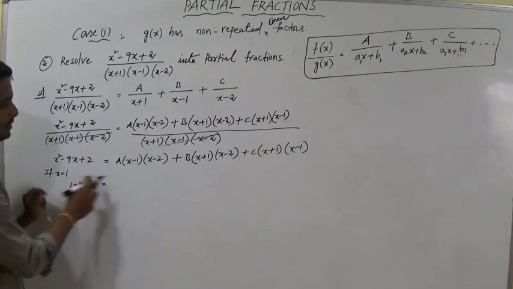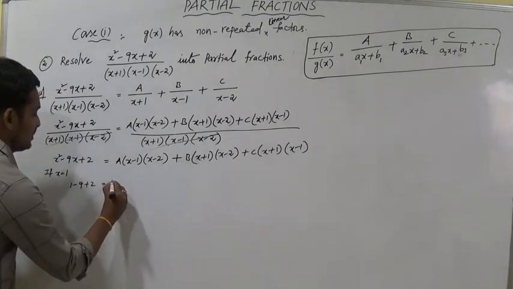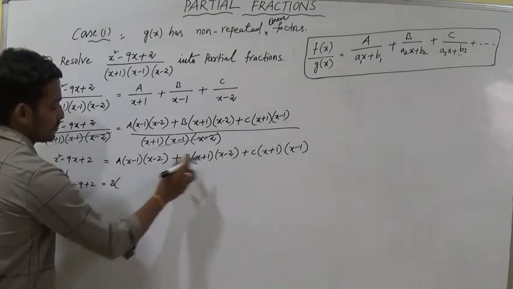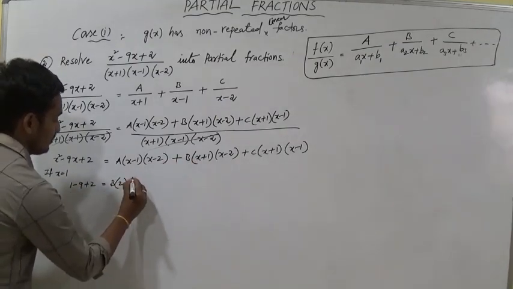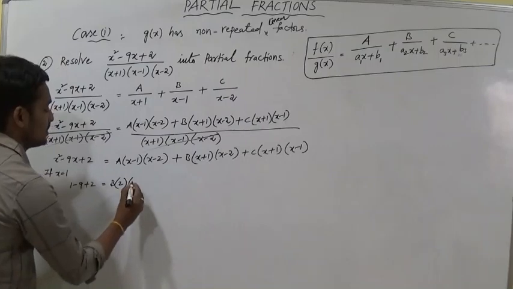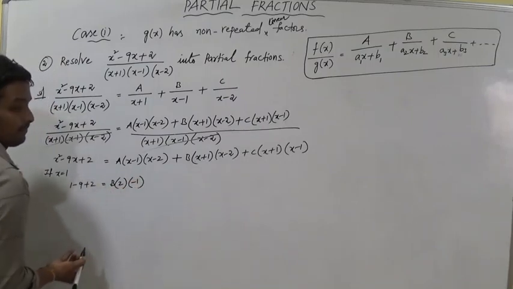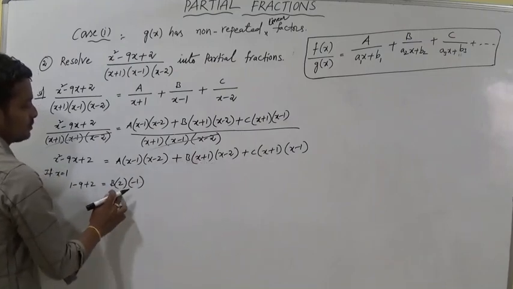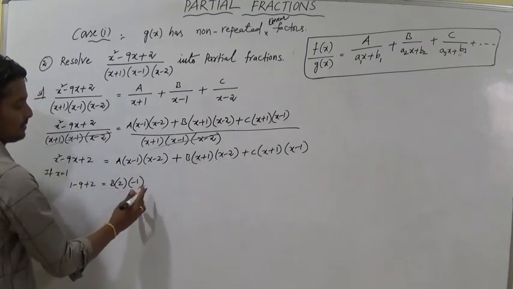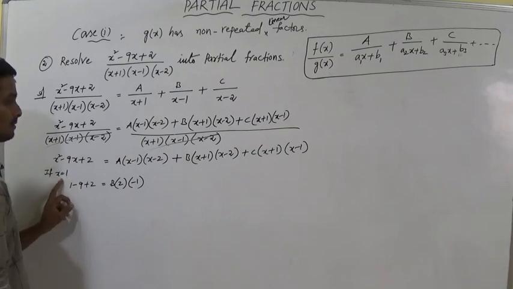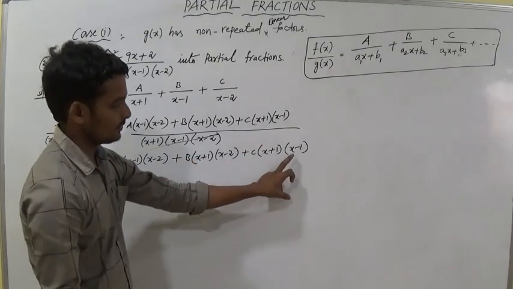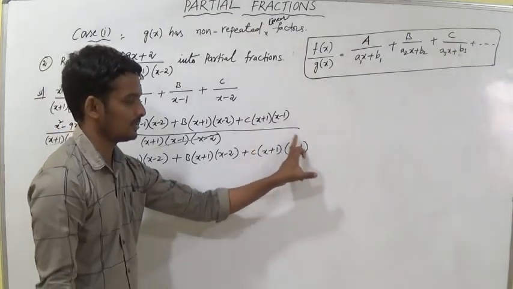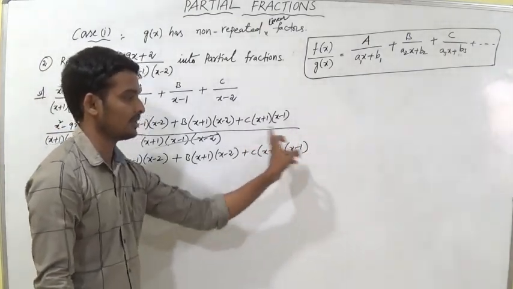Next, x is equal to 1, substitute here. That means B into the value of x: 1 plus 1 is 2, and 1 minus 2 is minus 1. In the same way, in the C term, 1 minus 1 is 0, and 0 into all is 0, so C into 0 is 0.